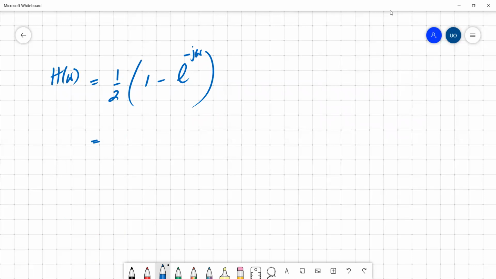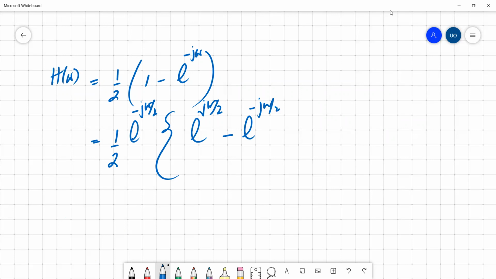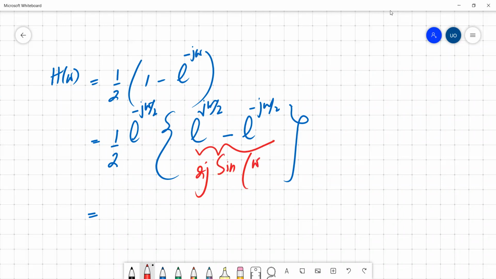We'll do the same transformation we did for the previous cases. We'll take half of the exponent out, e to the power minus j omega over 2. Then this becomes e to the power j omega over 2 minus e to the power minus j omega over 2. Then we convert it to a sinusoid, so this becomes 2j times sine omega over 2.